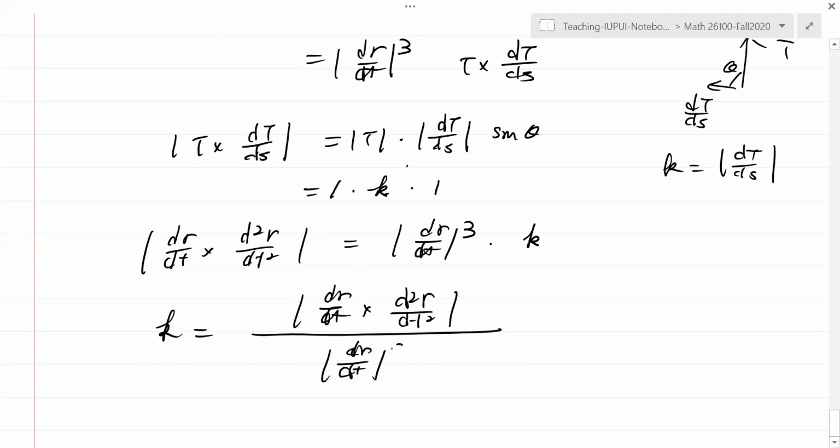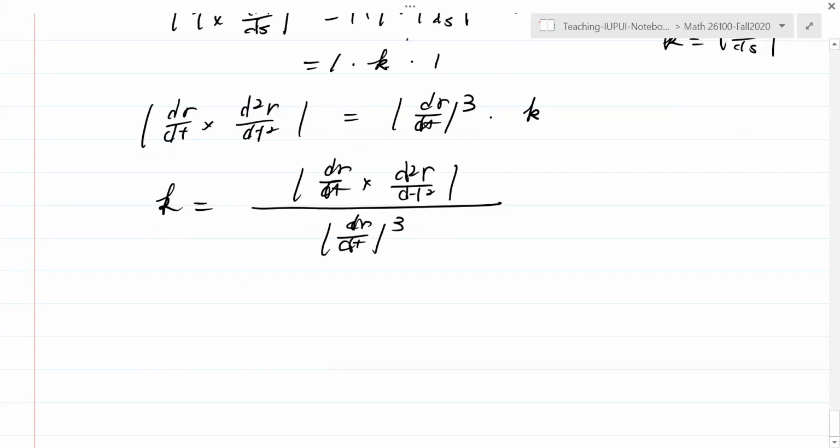All you have to do is differentiate the original vector equation, then use that to find the cross product, and then find the length.